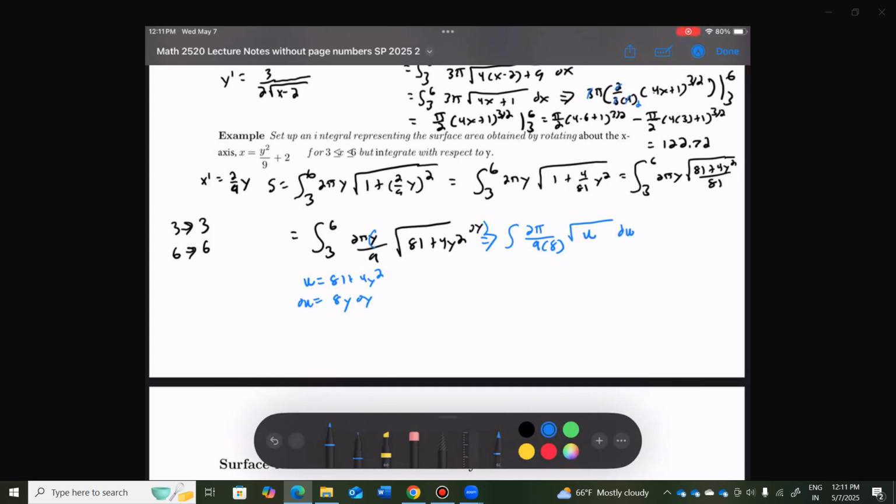Alright, so we can solve this. So we'll end up with 2 pi over 9/8, and then this is 1/2, so it goes up to 3/2, and you'll be dividing by that, so you'll be multiplying by 2/3.